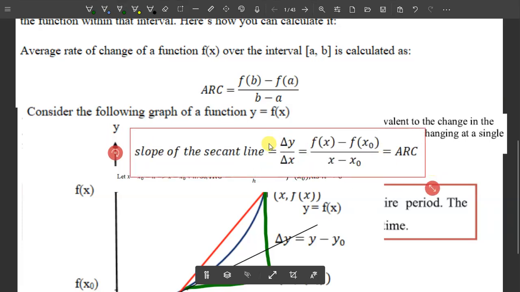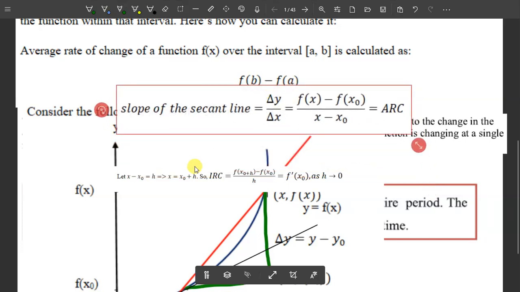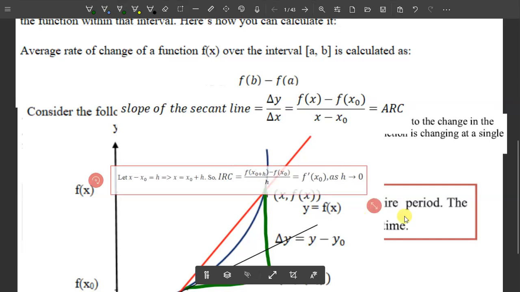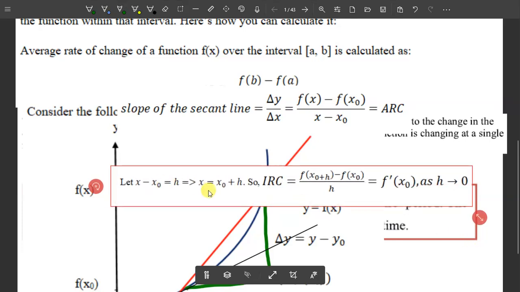The slope of that second line was this one. It is f of x minus f of x0 over x minus x0. Now let us put this x minus x0, the change in x, as h. Suppose x minus x0 is equal to h.